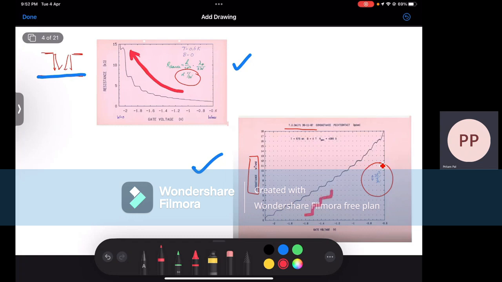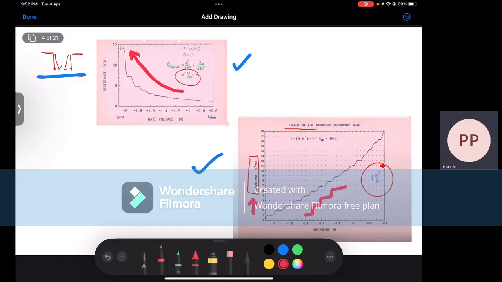So there's a step-like thing in the resistance, and the steps become equidistant if we invert the vertical scale and plot conductance. You have already seen such steps in the quantum Hall regime, right? And they were quantized in units of e squared over h.